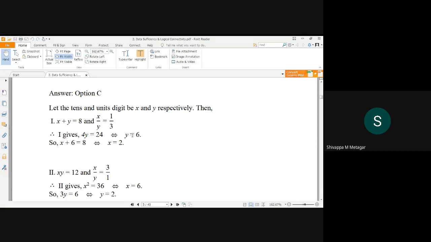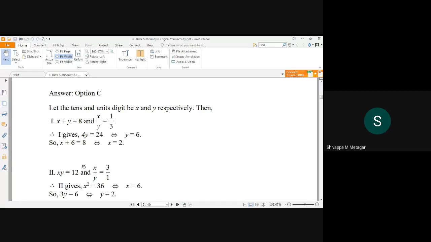Then if you know the value of y, you can put this y value in this equation, that is x plus 6 is equal to 8. So x is equal to 2.